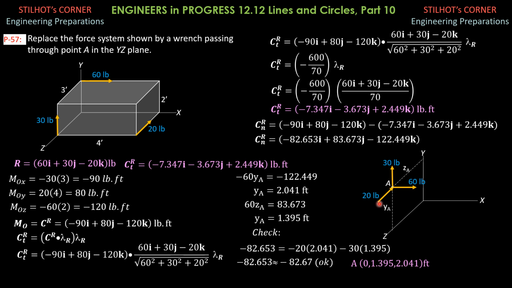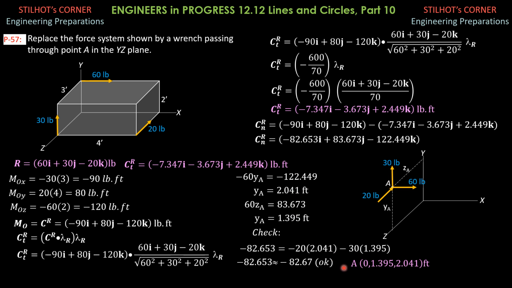So both are negative: negative 20 times y sub a and negative 30 times z sub a. Let's check if negative 82.653 is equal to negative 20 times 2.041 and negative 30 times 1.395. Negative 82.653 is approximately equal to negative 82.67, which is fine because of rounding off of these coordinates.